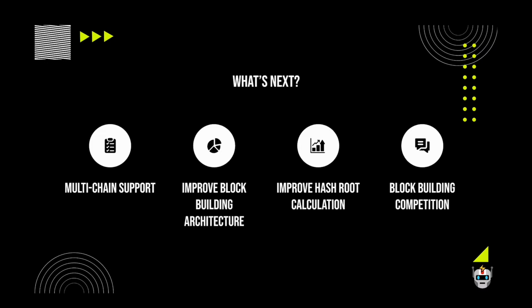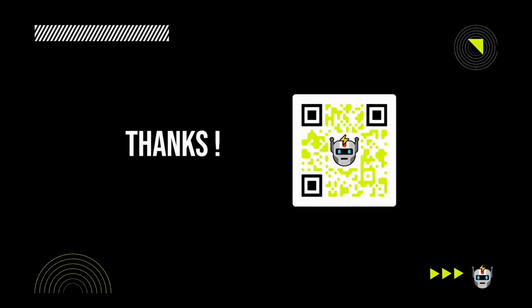And the last one, which I'm the most excited about, we are going to launch a block building competition. We want to launch a sort of Kaggle block building competition where people can send their own block building algorithms, train them on some snapshot of training data, and then we'll run them on some test data and create a leaderboard on top of that. So yeah, if anyone wants to try, be on the lookout for the competition. Yeah, thank you.